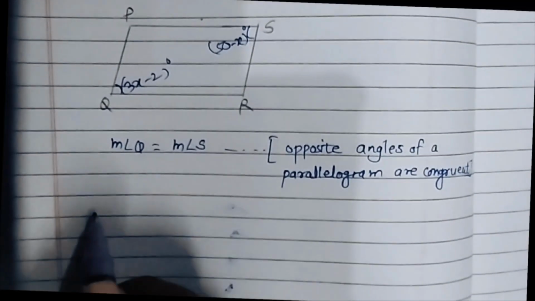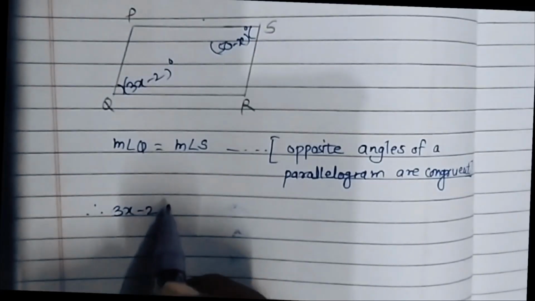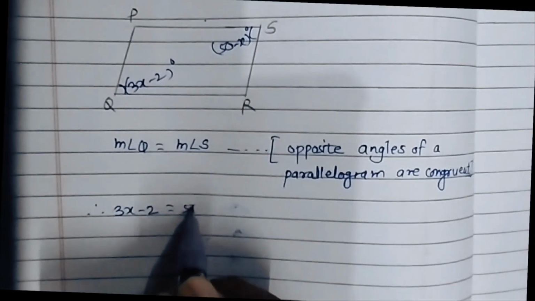This we will give as the reason. So we can write here as 3x - 2 is equal to 50 - x.